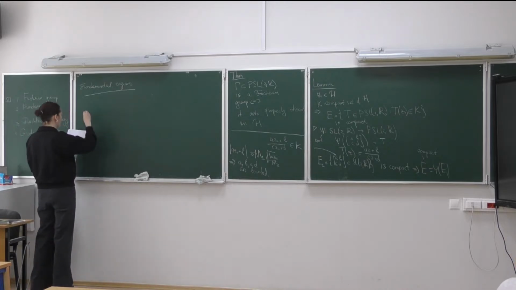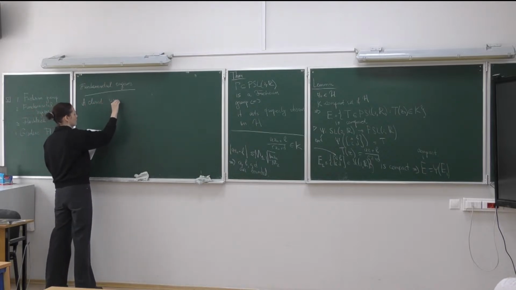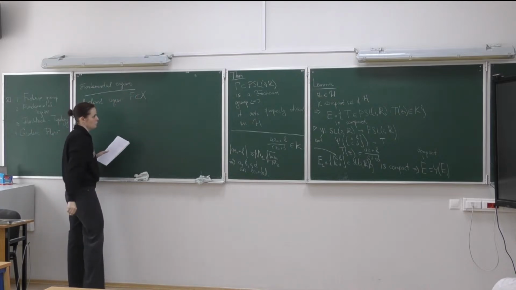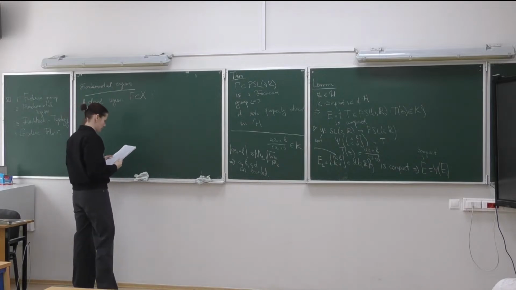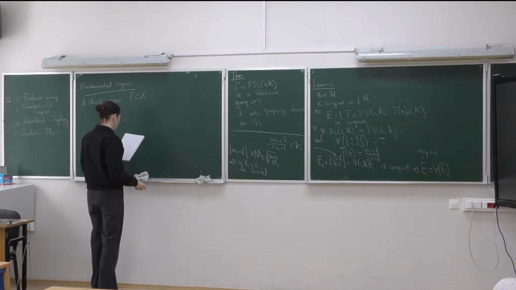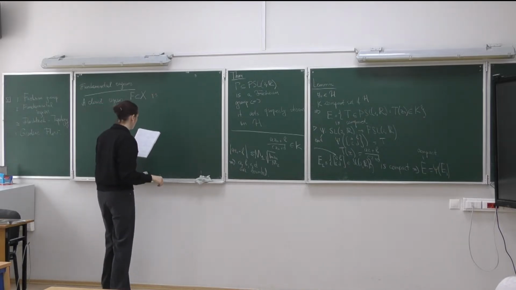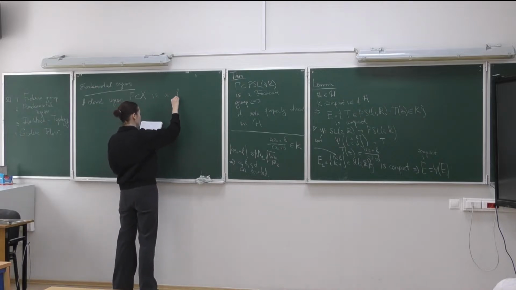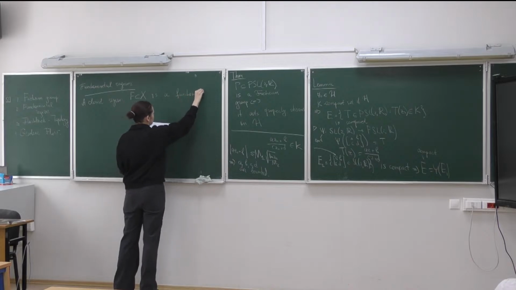So we take a closed region F as a part of X. X is the same as in the definition of this properly discontinuous business. So we call it a fundamental region for subgroup gamma if the following conditions are satisfied.